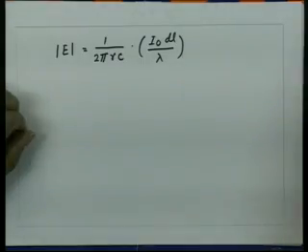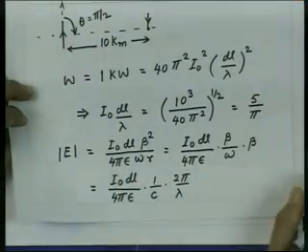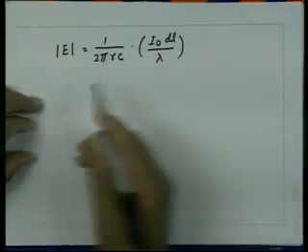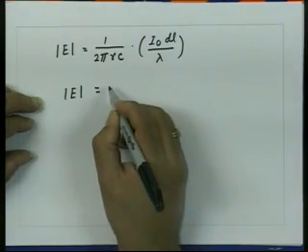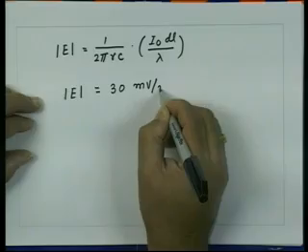Now, we have already derived the value for I0 dl upon lambda, which is 5 upon pi. So, if I substitute that, I get the mod of electric field equal to 30 millivolts per meter.